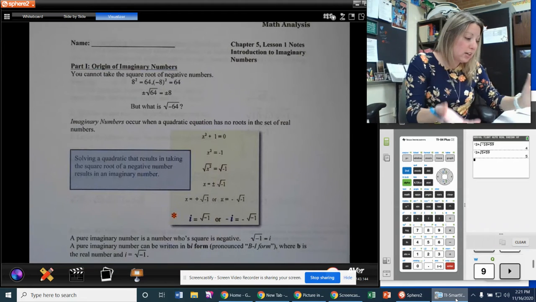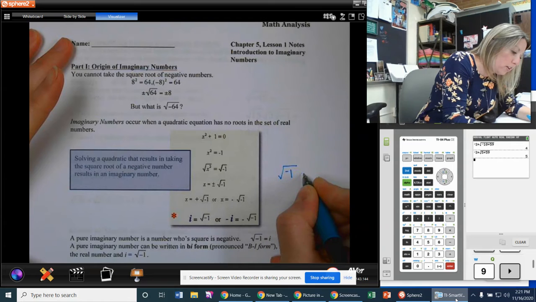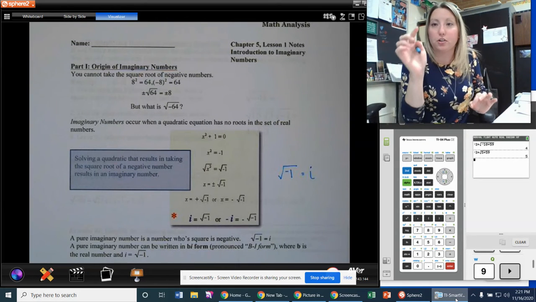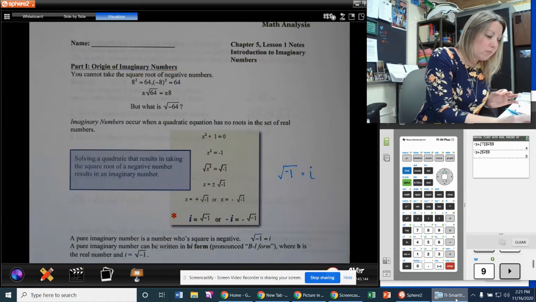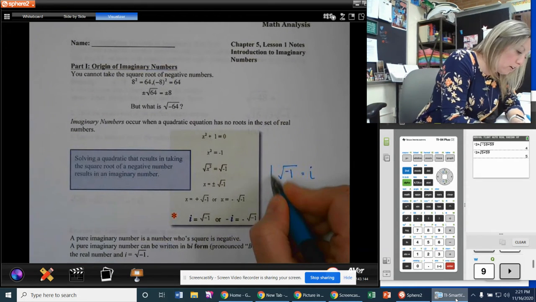But the new key for us here is that the square root of negative 1 is going to be equal to i, a little i, and usually cursive-ish, right? This is our imaginary unit, okay?